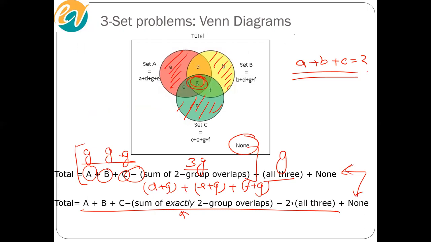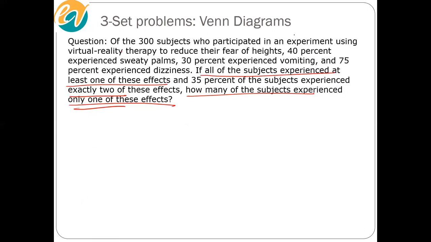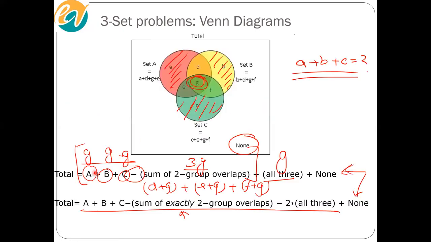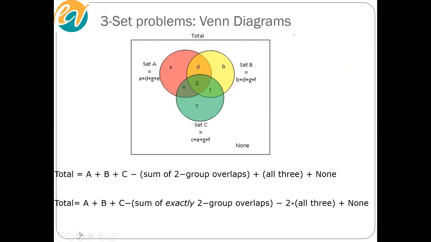Now think about this. We know all of them, right? Total is 300, correct? So we know this entire shaded area is 300 subjects, and we have to find out the value of a plus b plus c.